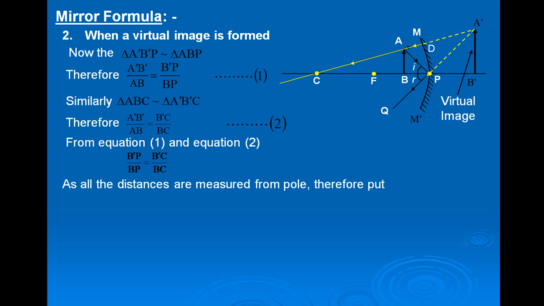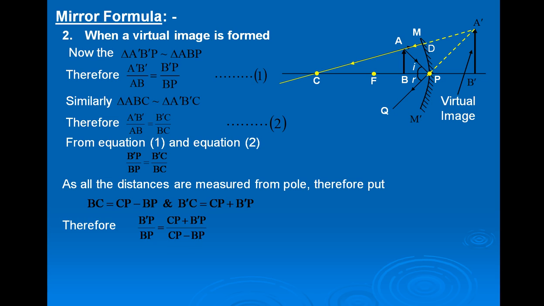As all the distances are measured from the pole, put BC equal to CP minus BP, and B dash C equal to CP plus B dash P, as is clear from the diagram.